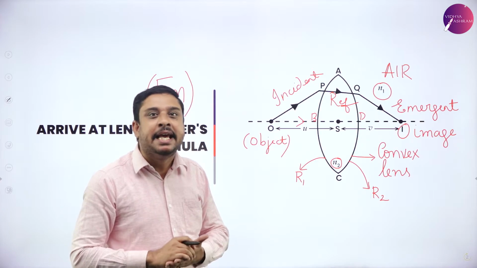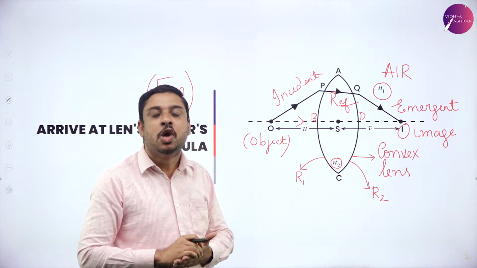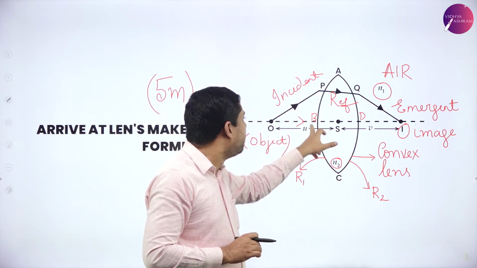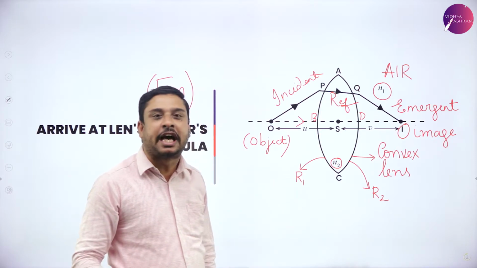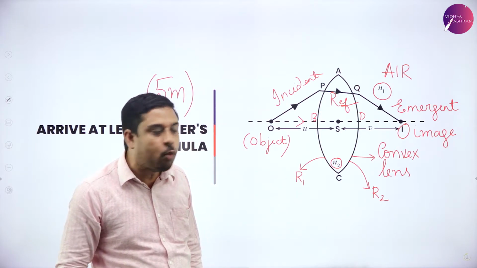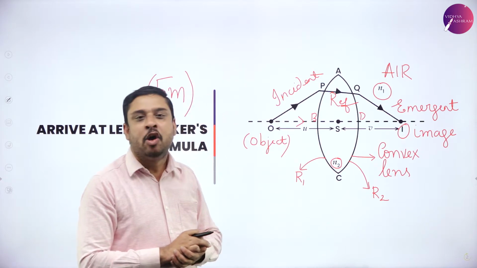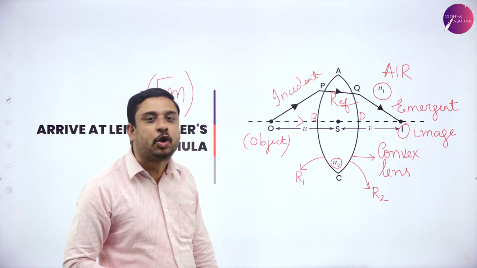How many refracting surfaces does it have? Two surfaces: ABC, whose radius of curvature is R1, and ADC, whose radius of curvature is R2.